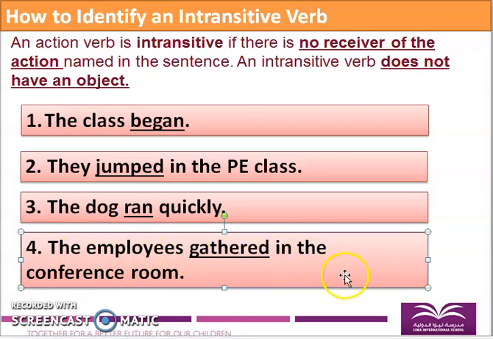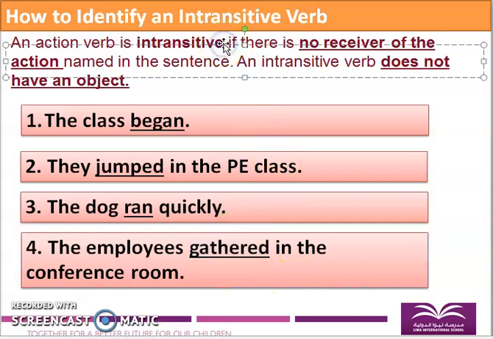Can we get the answer for the question who? No. There is no answer, I mean to say. How about the question what? The employees gathered what? Do we have an answer for the question what? No. Nothing. None. So this, gathered, is an example of intransitive verb.